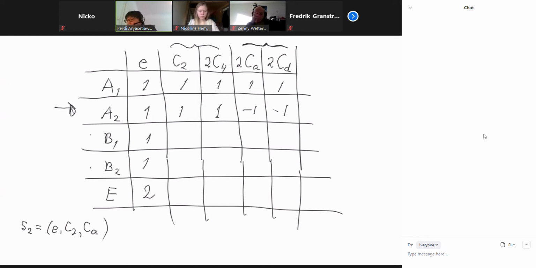C2 is a rotation by pi around the z-axis, and CA is, of course, the AX and AY. So they form a subgroup. And it's also invariant, because you can tell from the fact that they consist wholly of classes. So this is also an invariant subgroup.